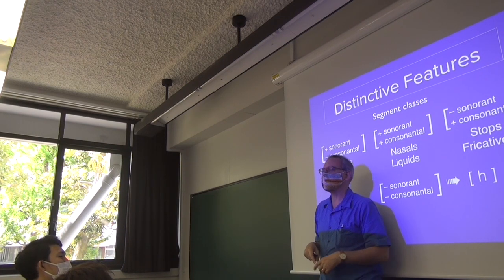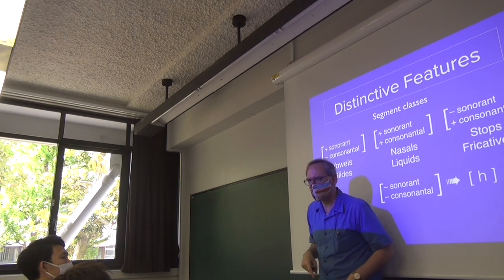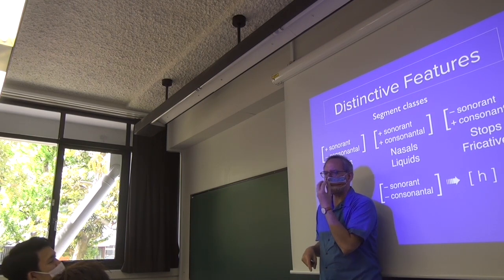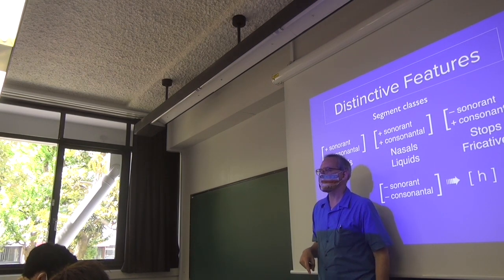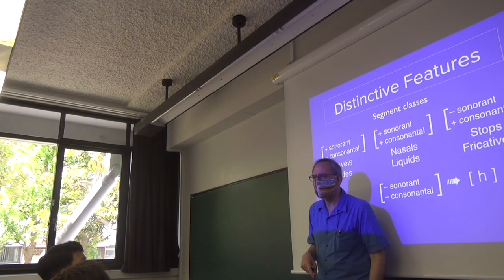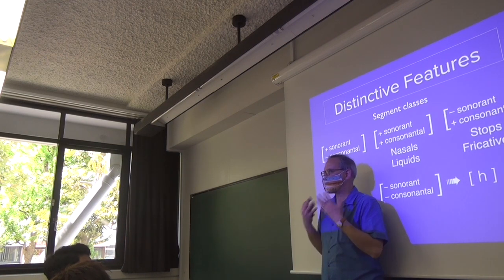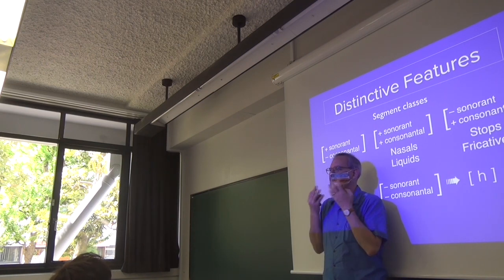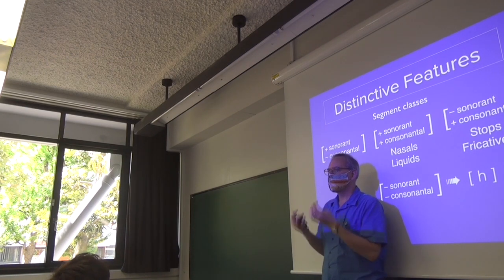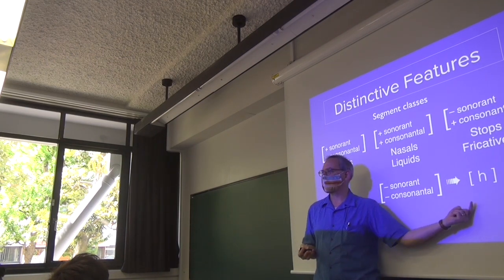When I make the sound who, my lips are already rounded. I don't say ha-oo, ha-oo, no, who. Right? My vowel pronunciation is in position when I'm pronouncing the h sound.